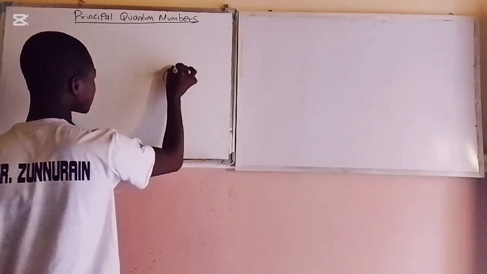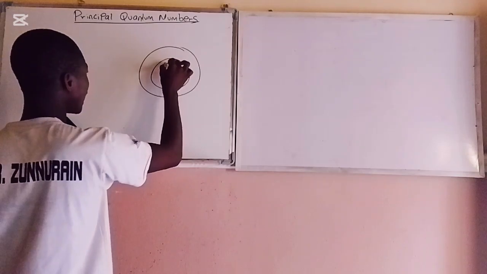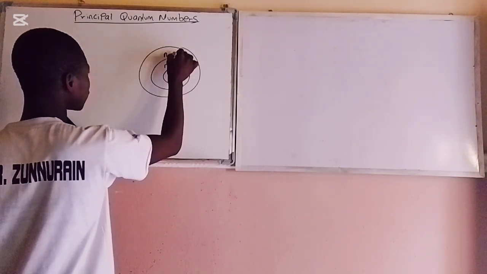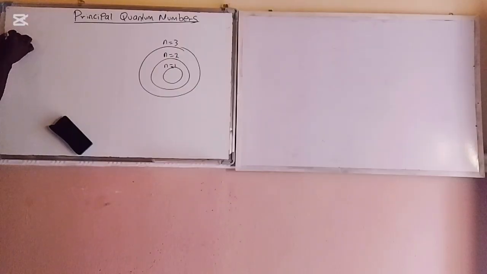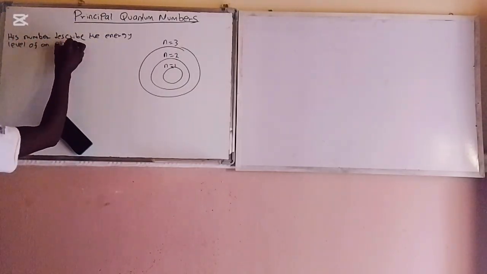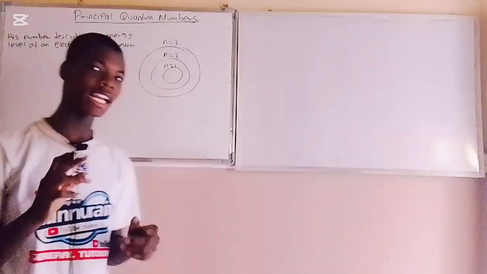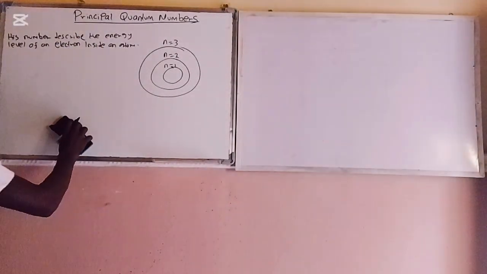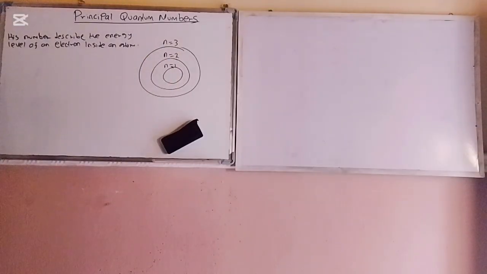Let's say we have n equals 1, n equals 2, and n equals 3. So let me write the definition. Therefore this number describes the energy level of an electron inside an atom: n equals 1, n equals 2, and n equals 3.